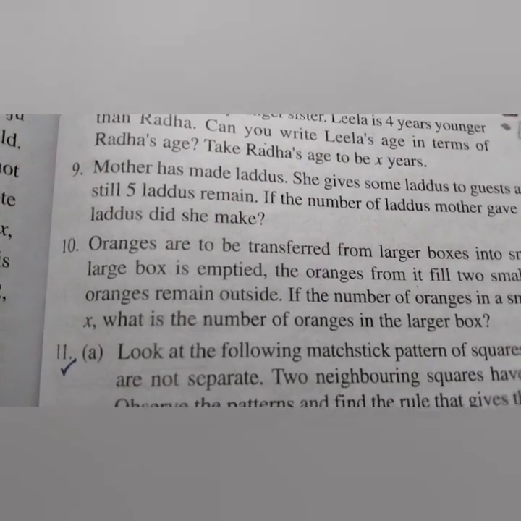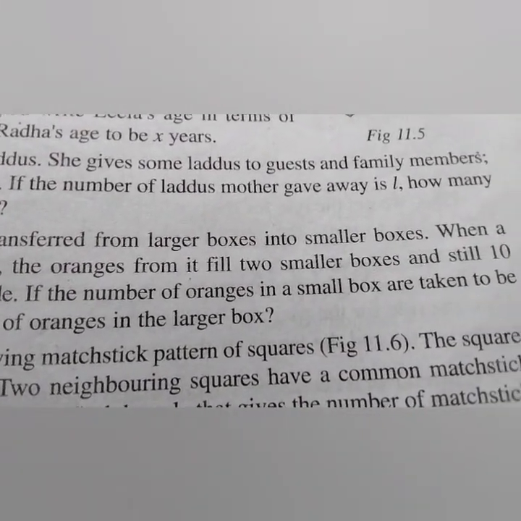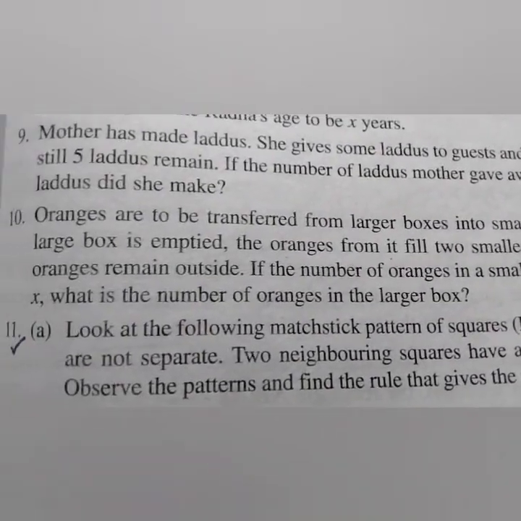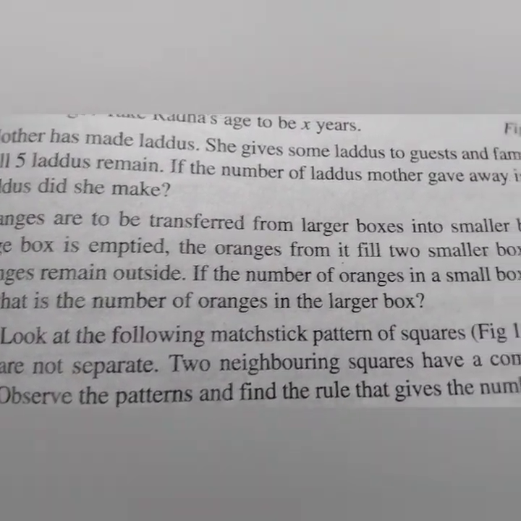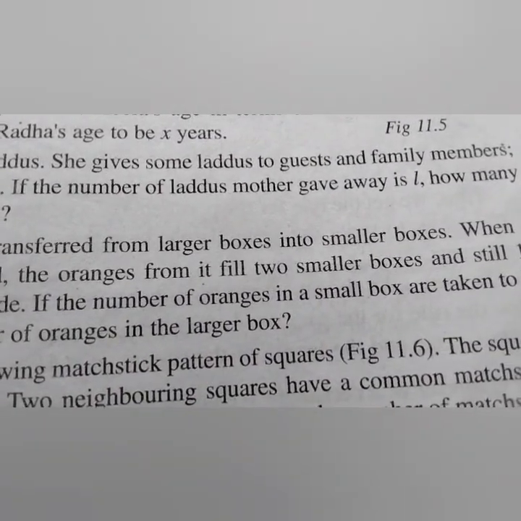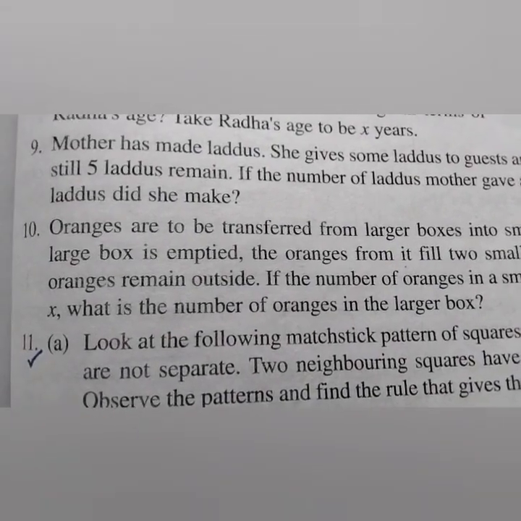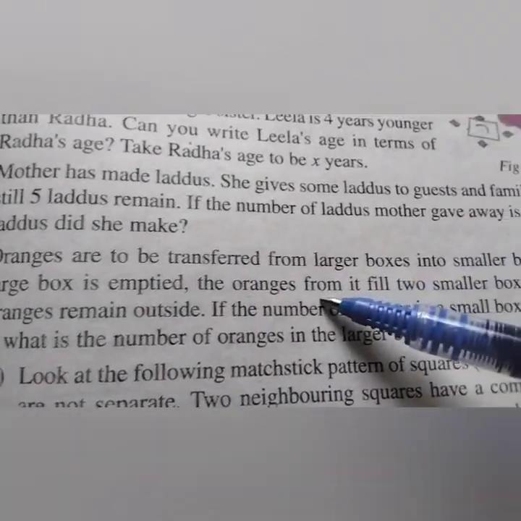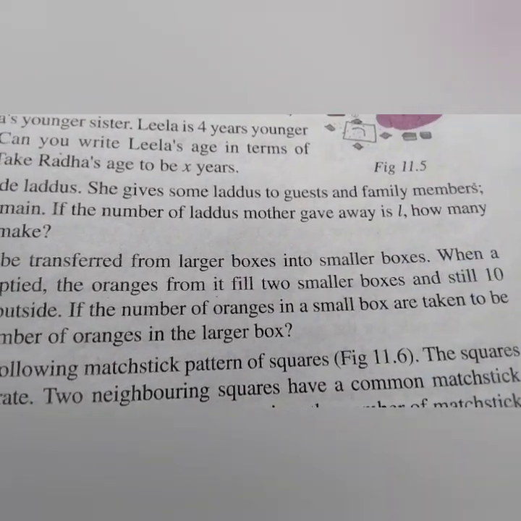Next question. Oranges are to be transferred from larger boxes into smaller boxes. When a large box is emptied, the oranges from it fill 2 smaller boxes. Let me read it again. Oranges are to be transferred from larger boxes into smaller boxes.